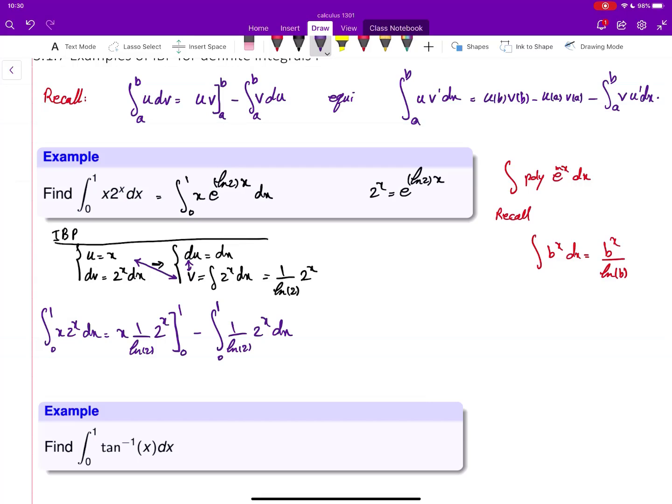This is a definite integral. One thing you have to be careful about is that this is not ln of x. ln 2 is just a constant.